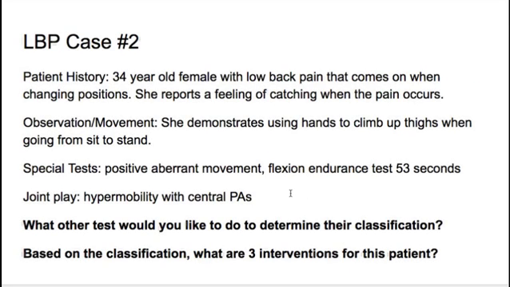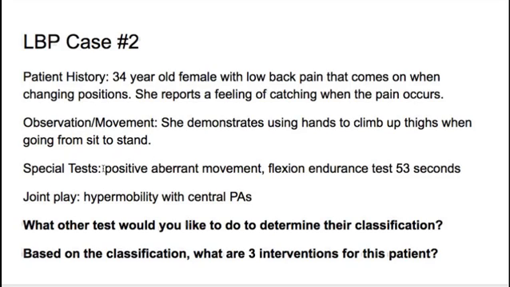In the second case, the patient is a 34-year-old female with low back pain that comes on when changing positions. She reports a feeling of catching when the pain occurs. She demonstrates using hands to climb up thighs when going from sit to stand, and when returning to upright from a flexed position.